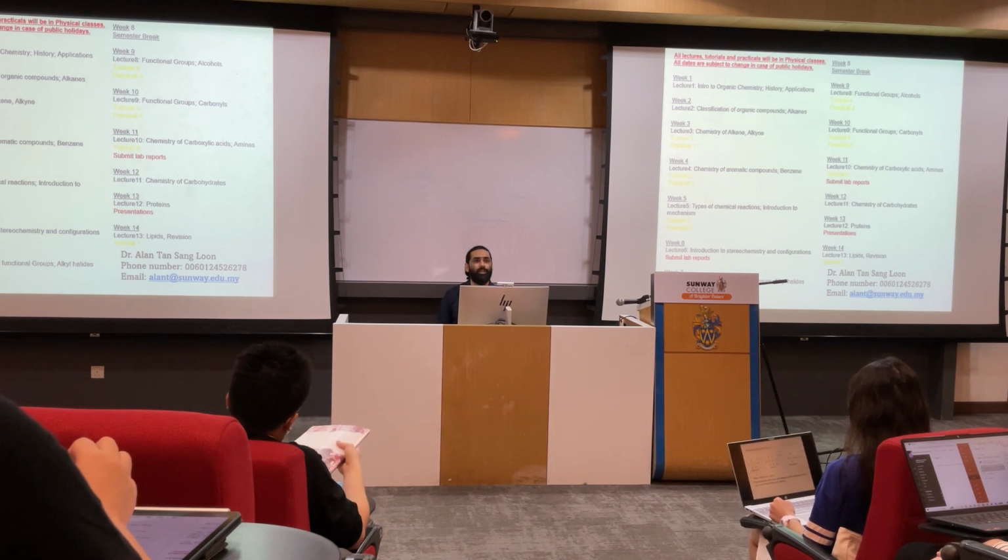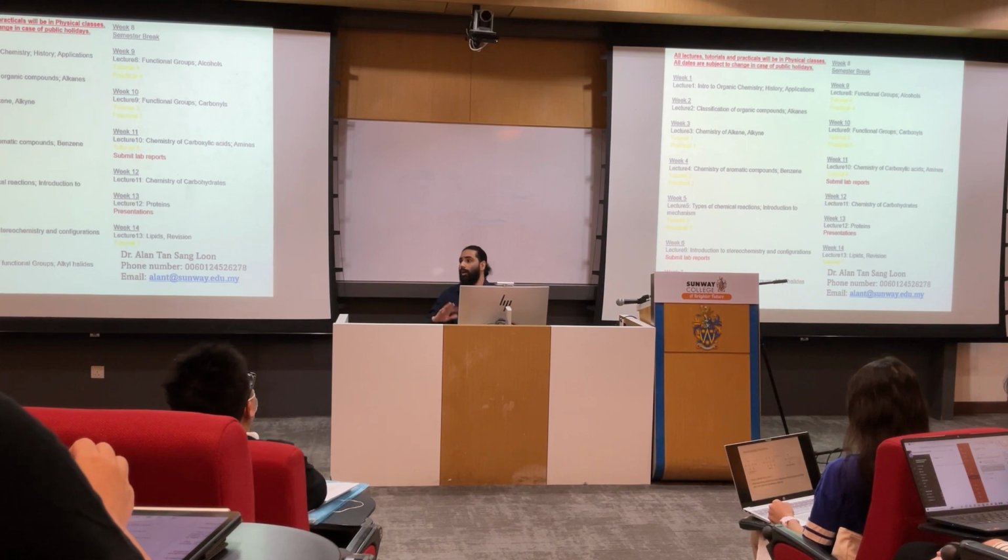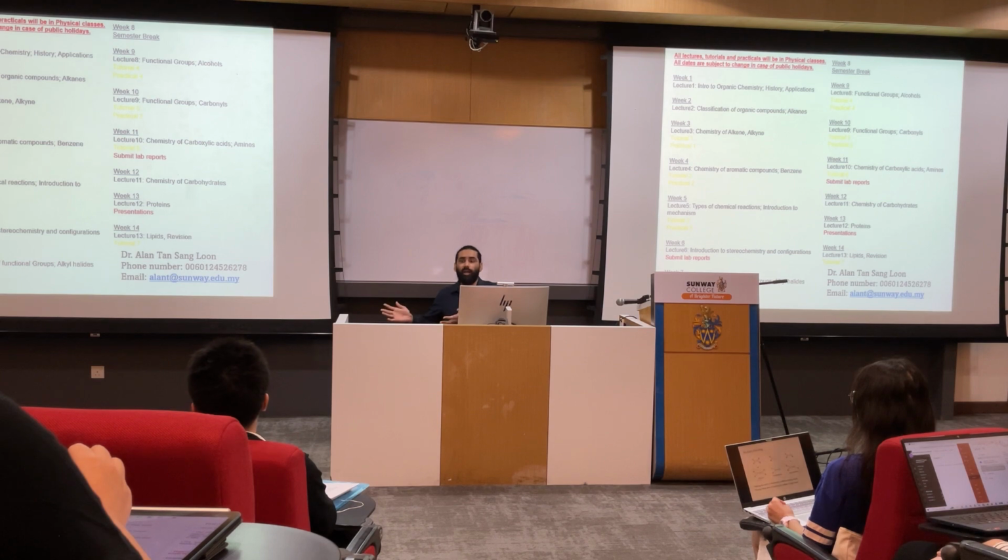When we talk about assessments, that means the overall marks and distribution of things about this course. This course is 4 credit hours, meaning that you will have 100 points altogether in this course. 60 marks will be for your final exam, and 40 marks will be for your coursework.